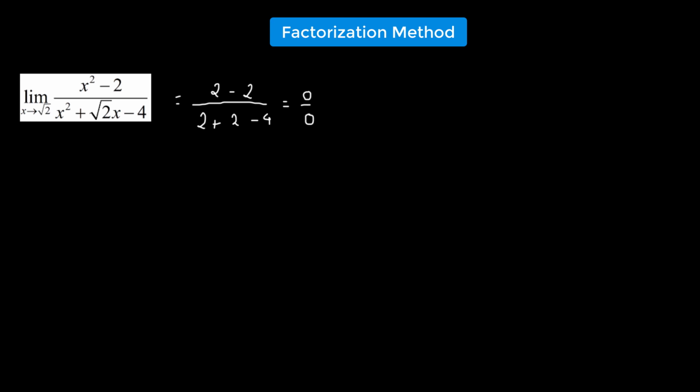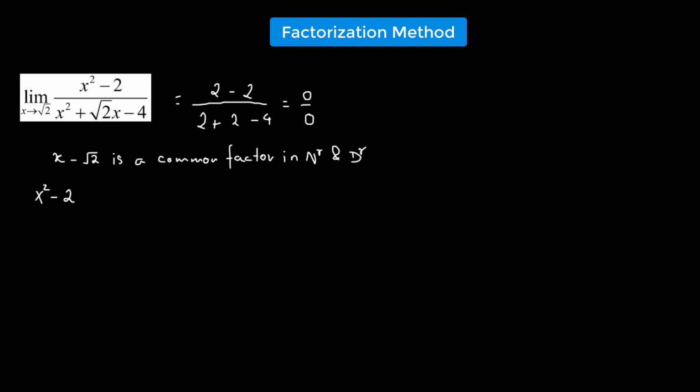So here x minus square root of 2 is a common factor in both the numerator and the denominator. So let us begin by first factorizing the numerator.